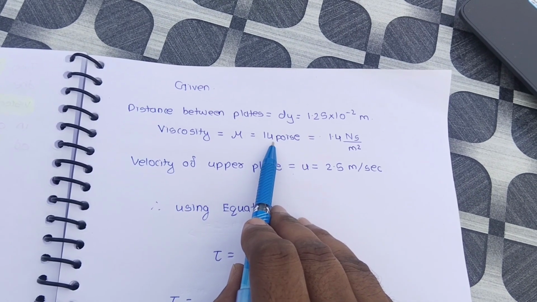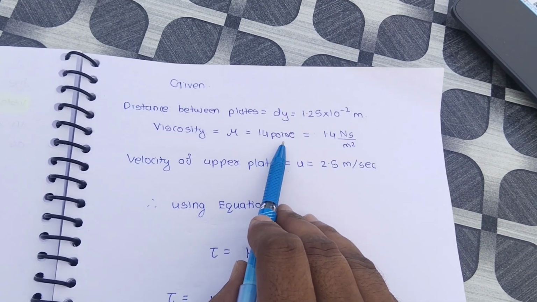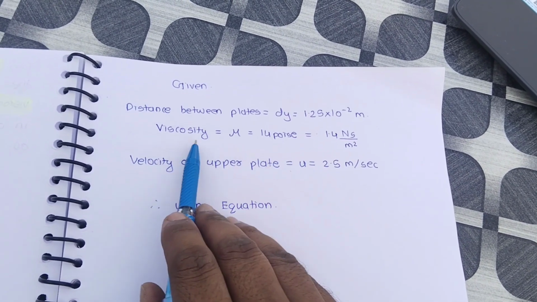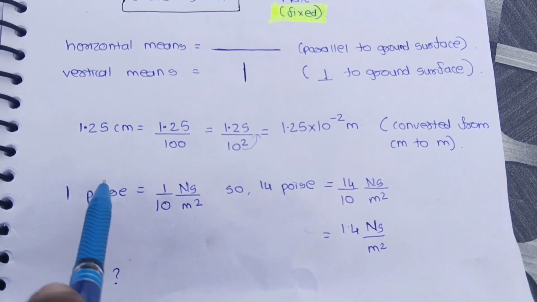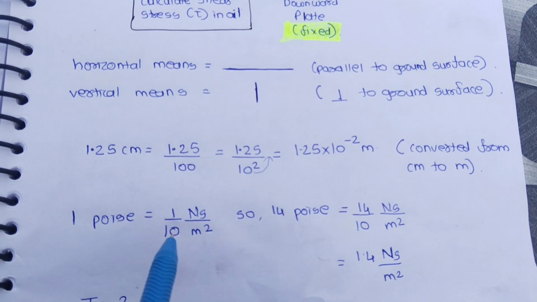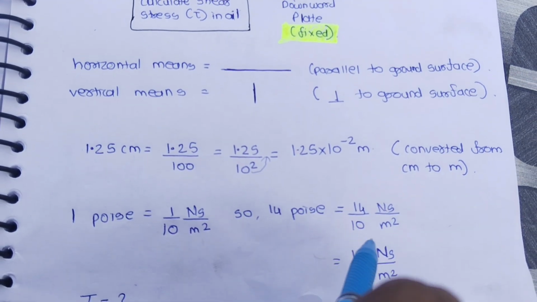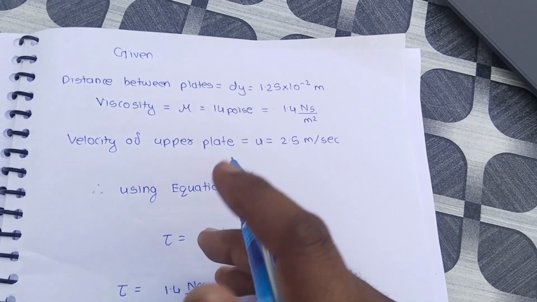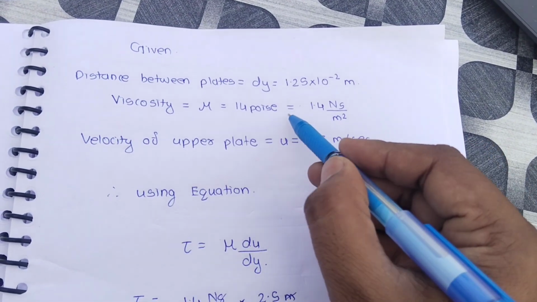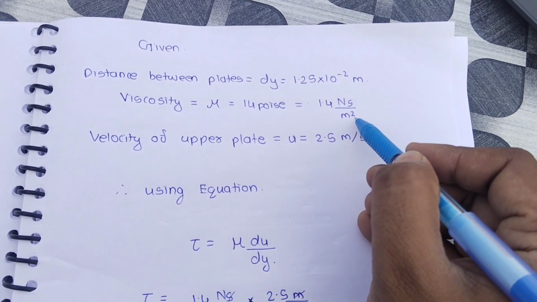We know that 1 poise equals 1 by 10 Newton second per meter square, so 14 poise is 14 by 10 Newton second per meter square, which is 1.4 Newton second per meter square.